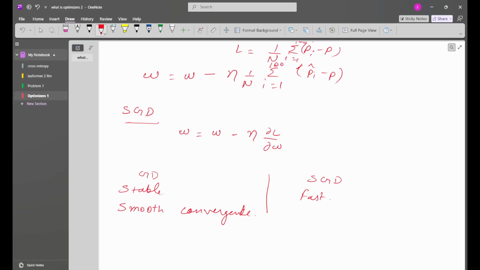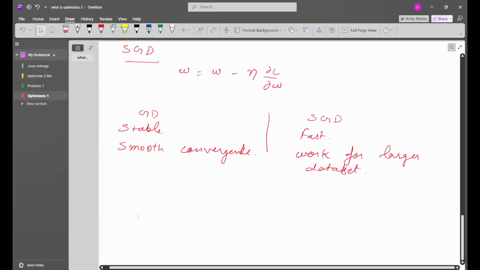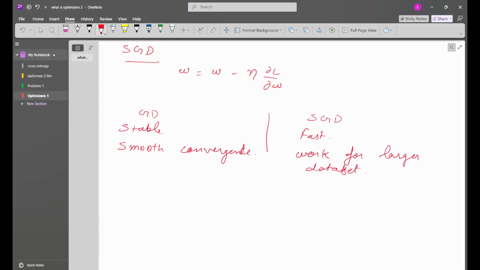So SGD is fast and works for larger datasets. If our data is large, gradient descent will take too much time to reach convergence, to reach the local minima. Now there are some cons. These are our pros and these are cons. The con of gradient descent is very clear: it takes too much time to reach the global minima.